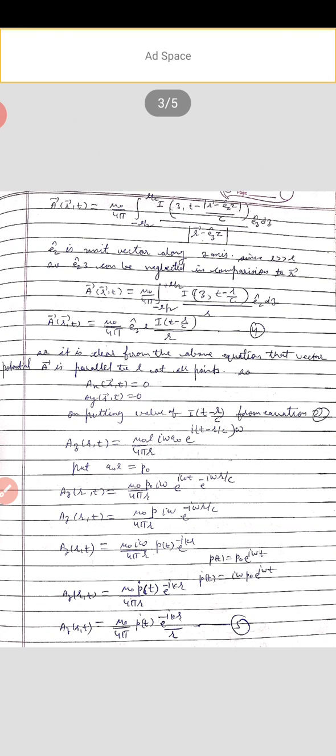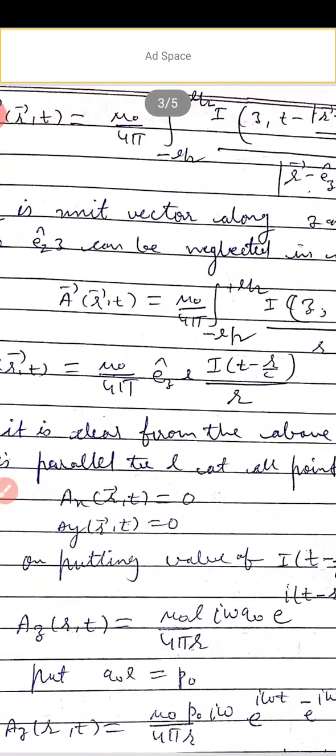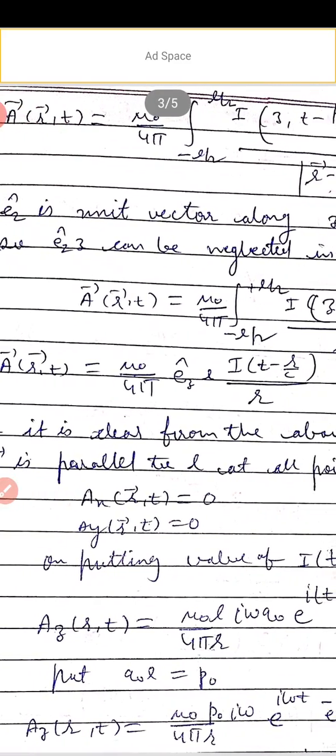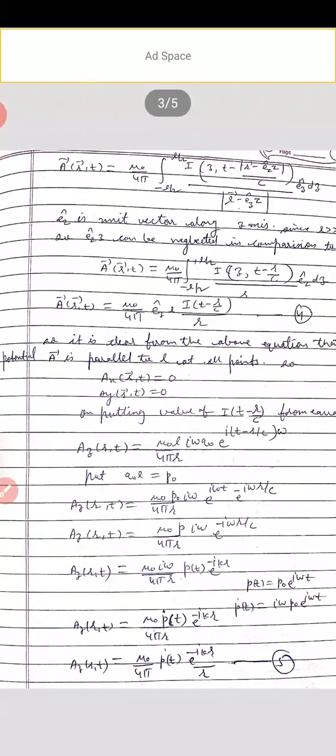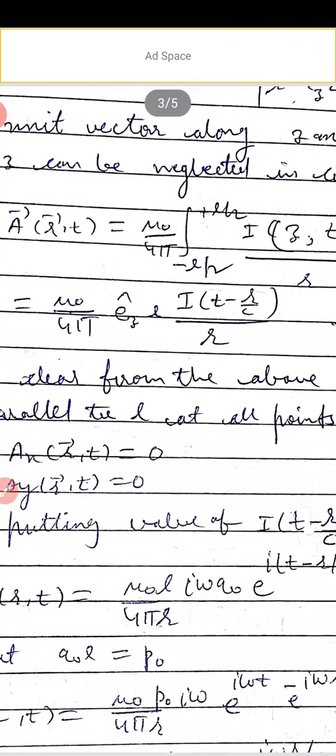So it is clear from the above equation that vector potential A is parallel to L at all points. It is clear from this equation that A is along the z axis, because on the right hand side the unit vector is along the z direction.